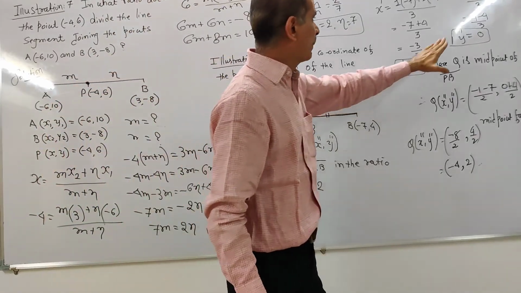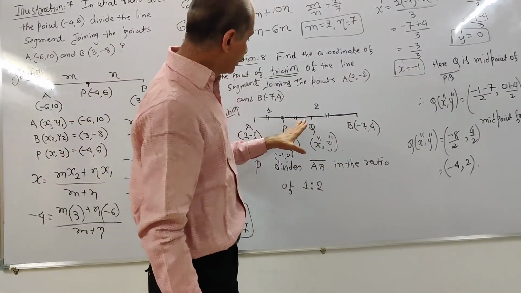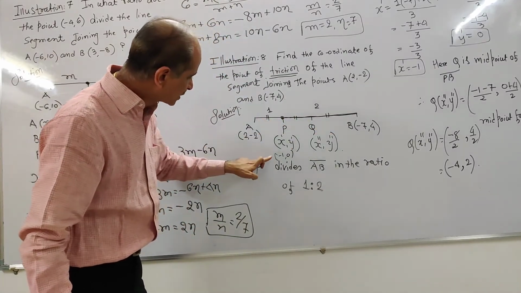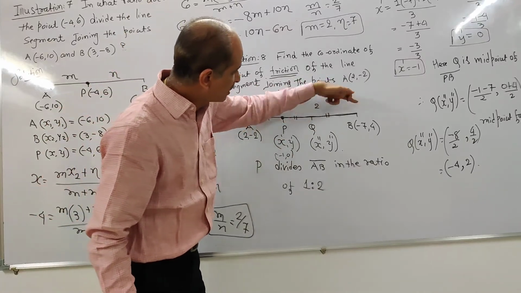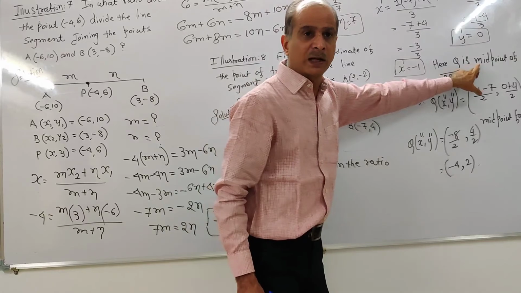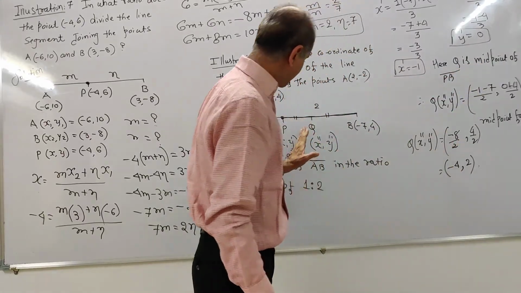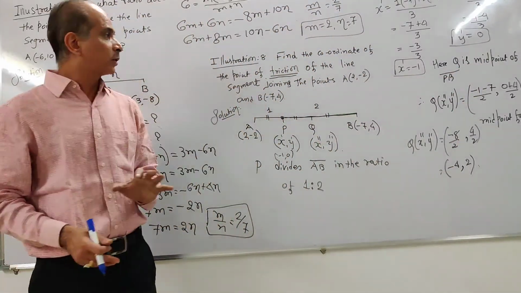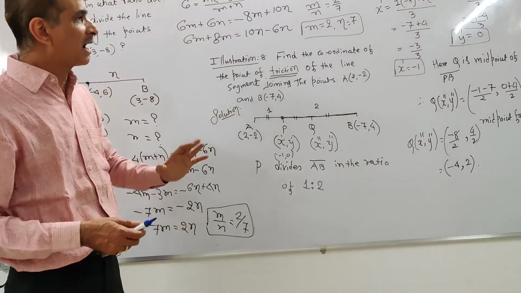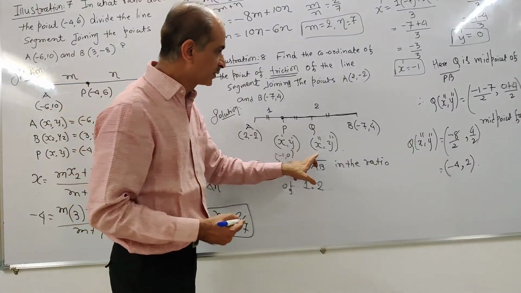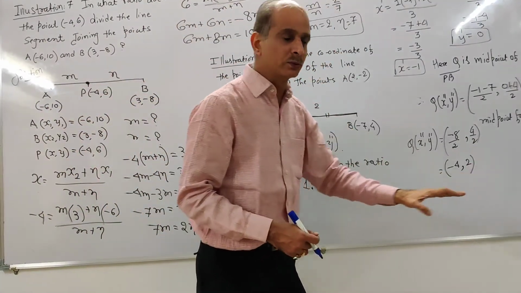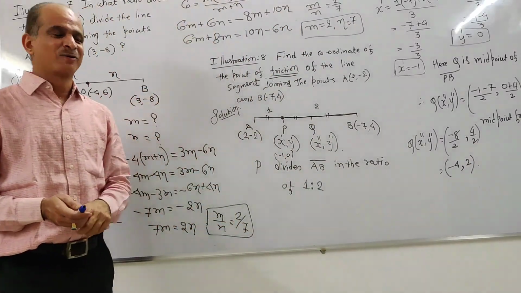After finding them, you conclude that Q is the midpoint of PB. The coordinates of P are (-1, 0) and of B are (-7, 4). By using these two coordinates and the midpoint formula, you can easily find the coordinates of Q. So the conclusion of this example is that the points of trisection are (-1, 0), that is x', y', and (-4, 2), that is x'', y''.